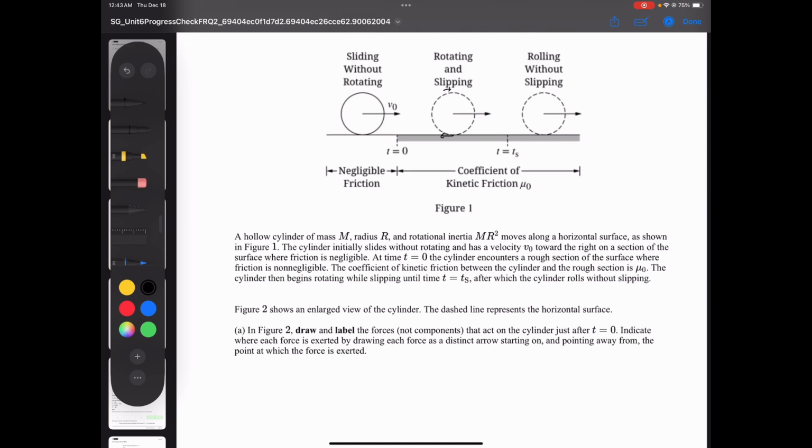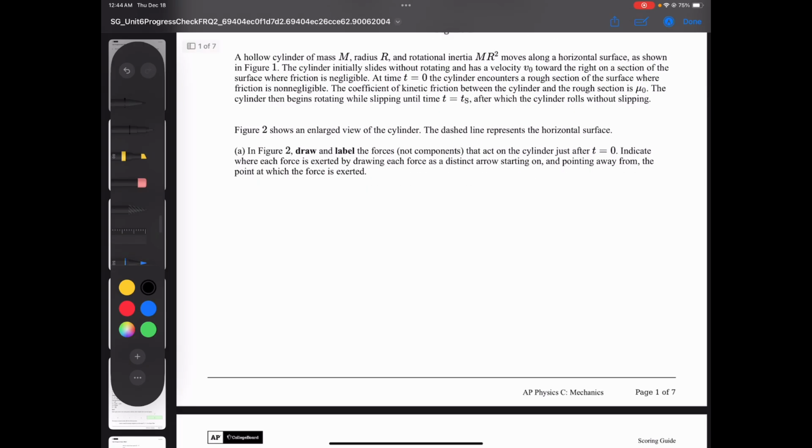So this thing is sliding without rotating, and the friction force is going to be slowing down the linear velocity of the cylinder, and the cylinder is going to gain angular velocity until it reaches a point where it's rolling without slipping. Then the angular velocity is directly related to the linear velocity, where v is equal to r times omega.